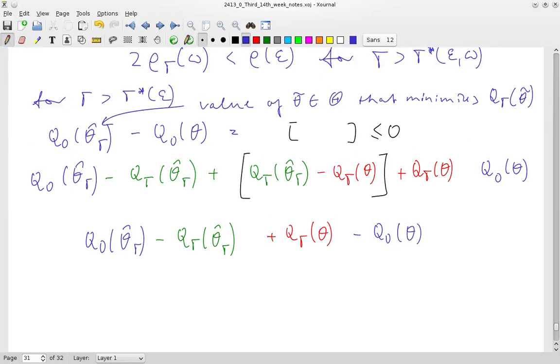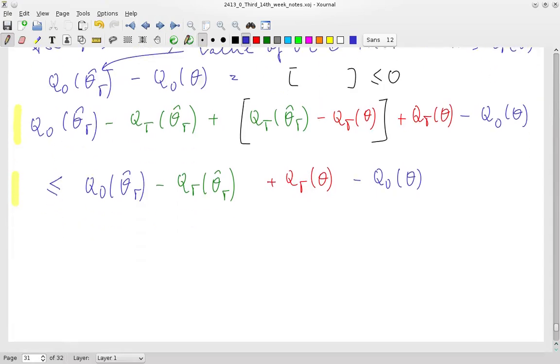Okay, a previous line contained an error. That should be a minus. Q naught at theta is subtracted. Now I left a term that is less than 0 out of the equation, so I can claim that the second line here gives you a number that is smaller than this line. No, so this should be less than or equal. The second line should be less than or equal to the third line that we have, right?